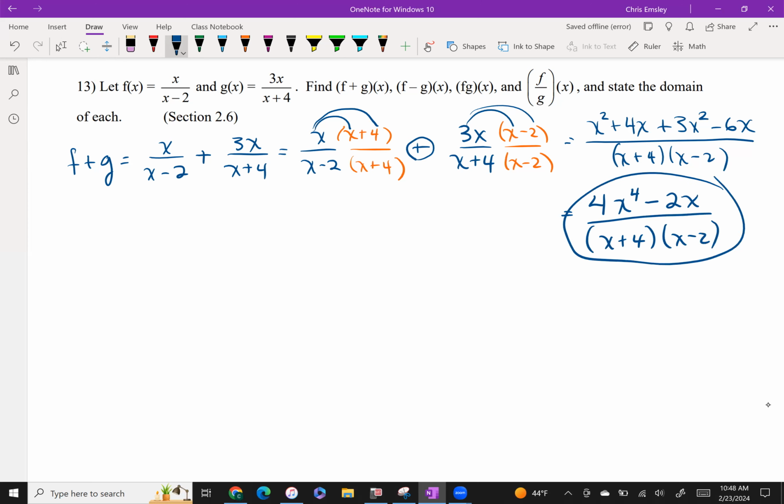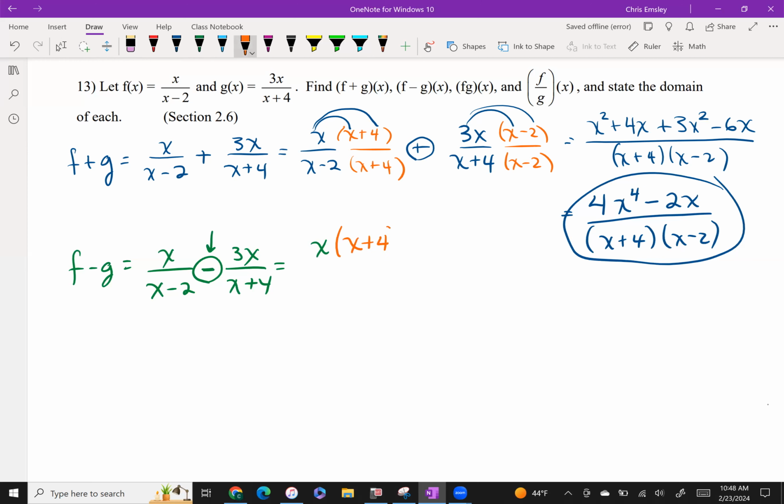We'll talk about domain in a minute. We're going to do all the operations first. F minus g looks just the same, except we're going to be distributing a negative 3x when we get to that step, because we are subtracting now this time. Be careful with that sign. So same idea, we're going to multiply in. I'm going to skip a step here since we did it above.